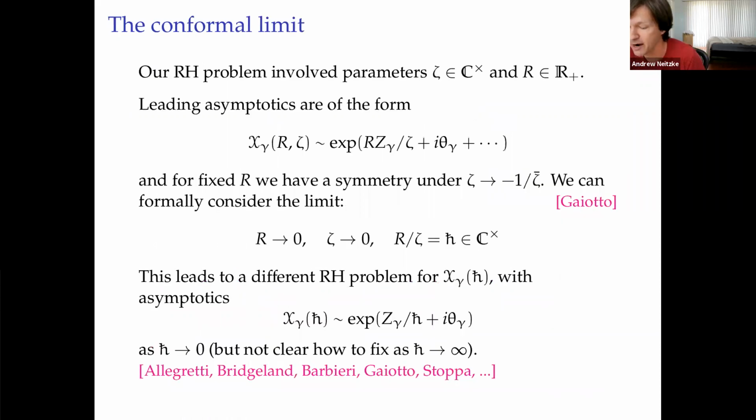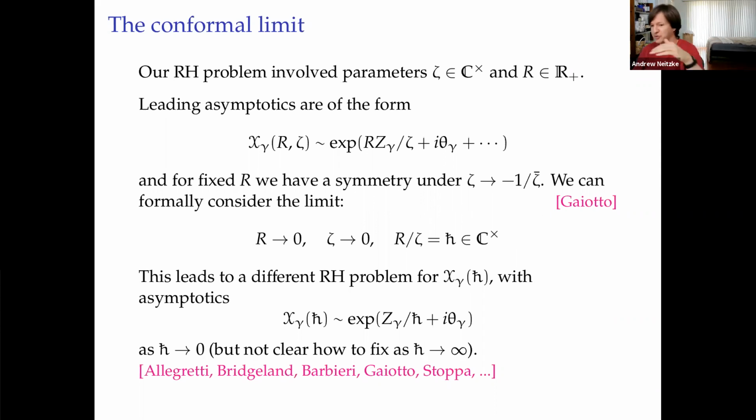So, okay, now I want to shift a little bit, in order to connect with some of the other talks at this conference. I wanted to briefly talk about this conformal limit. The Riemann-Hilbert problem, the way I formulated it, involved two parameters.